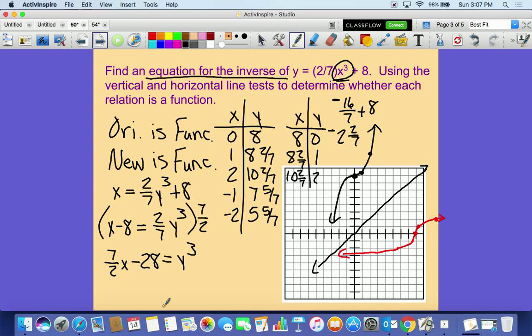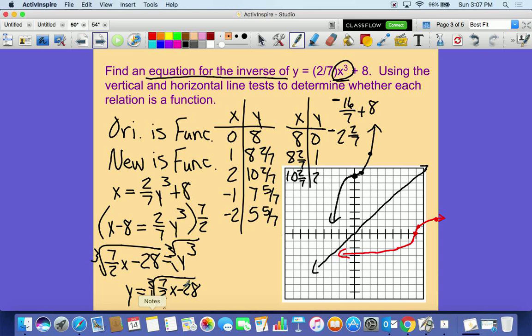And then to get y by itself, we take the cube root of each side. If you were to grab either a graphing calculator or throw it on Desmos and type in this equation, you would get approximately that red line.